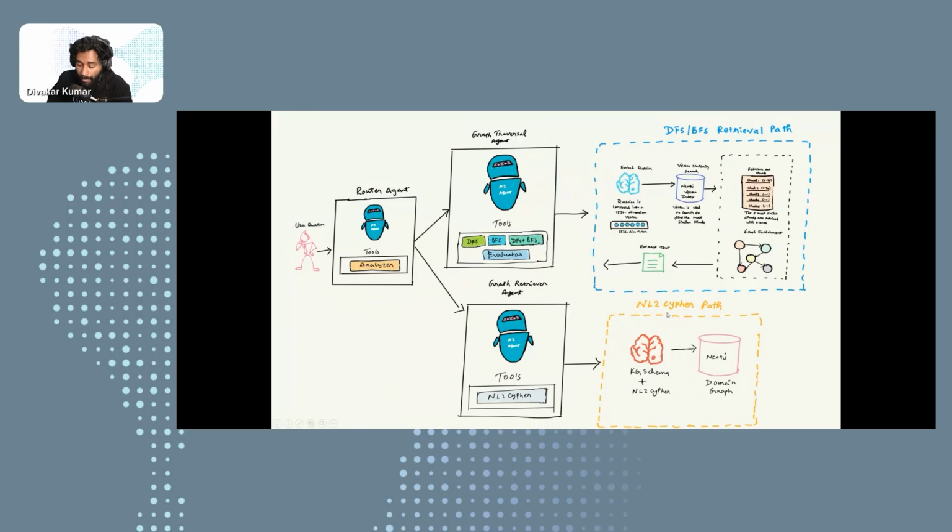Let's see how to improve this existing architecture with an agentic AI approach. Suppose instead of directly pumping our question into our pipeline, you could have a router agent in place, acting as an intermediary that analyzes the complexity of the question and routes it down two different paths. One is the graph traversal agent, which is the path you take for generic questions or DFS or BFS queries.